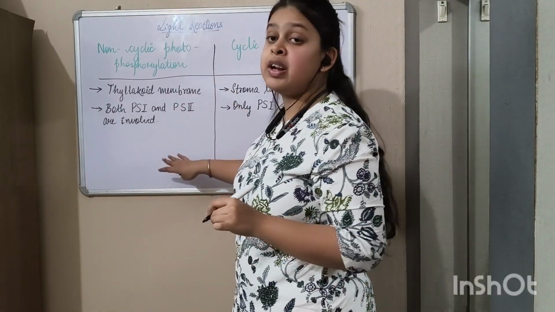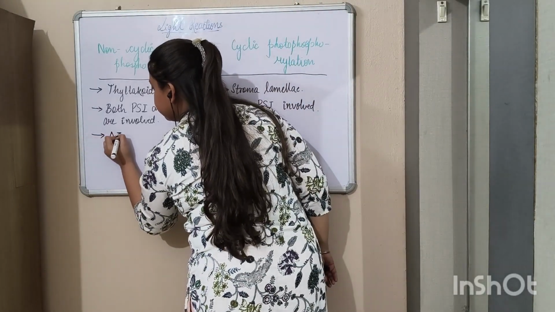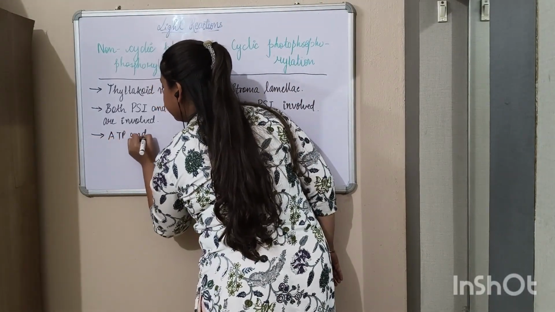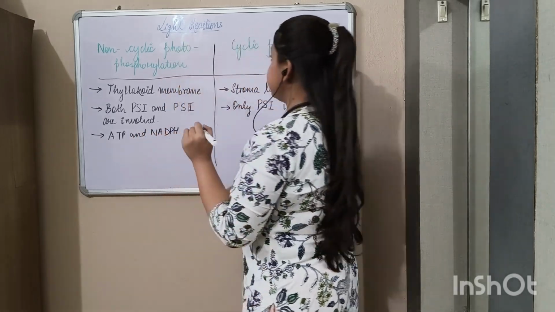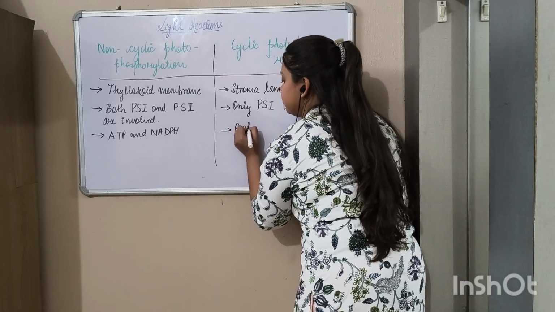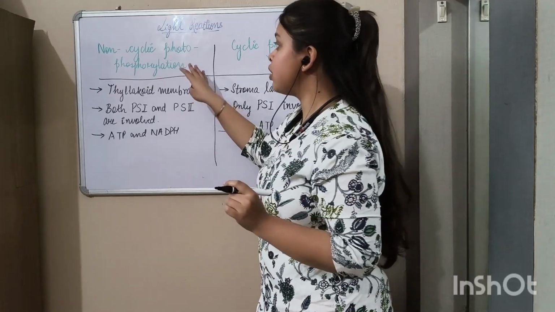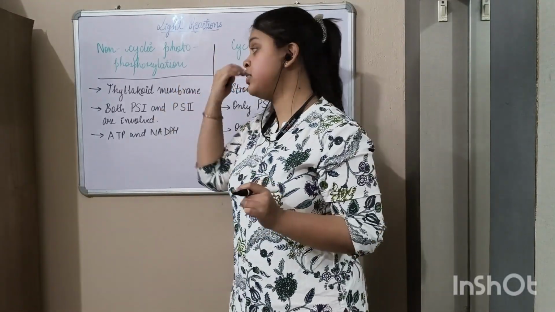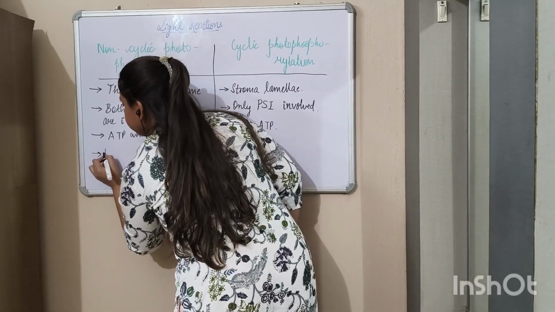In non-cyclic photophosphorylation, the products were ATP and NADPH. In case of cyclic photophosphorylation, only ATP is produced. In non-cyclic photophosphorylation, we saw the photolysis of water.